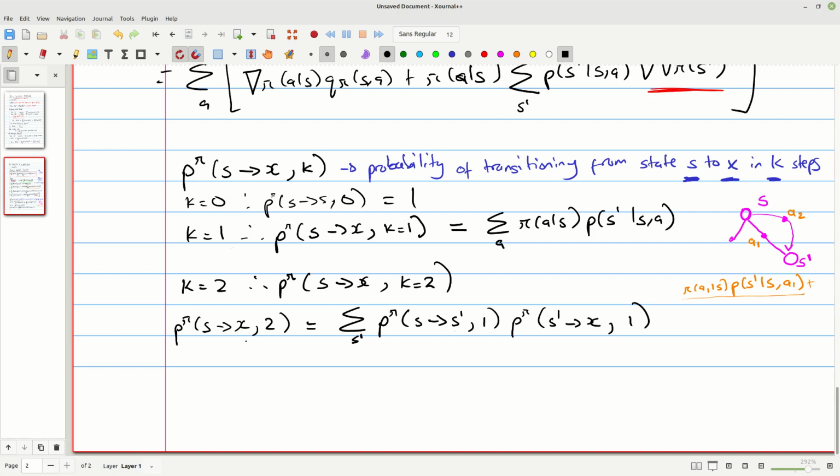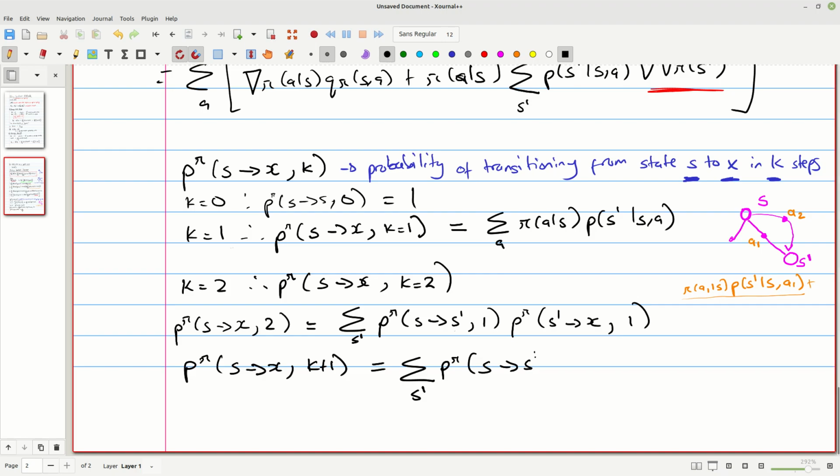We've defined our base cases, and we can write this in a more general way: the probability pi of s to x in k plus 1 steps is equal to the summation over s prime of p pi from s to s prime in k steps, times the probability pi from s prime to x in one step.